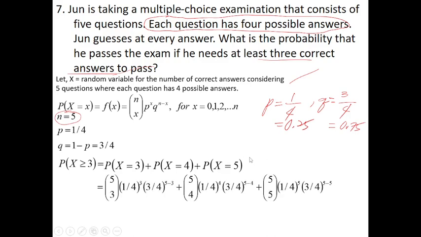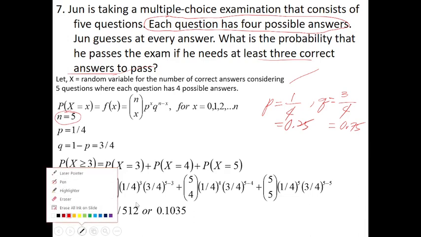And applying the formula, the answer is 53/512 or 0.1035. All right. So I hope you get it now, and that ends my discussion today.